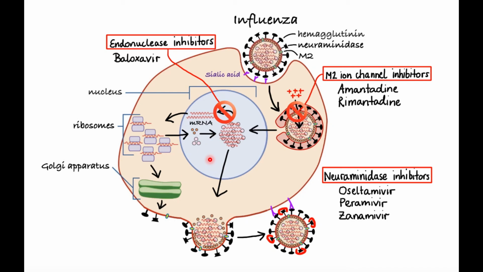After that, the newly replicated RNA can be budded off with parts of the membrane, with the viral proteins already incorporated into the membrane, and then the neuraminidase proteins will remove the sialic acid bonds to allow the new particle to bud off from the cell.